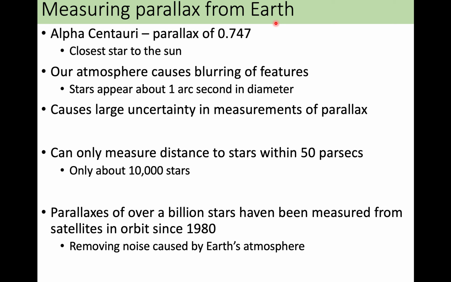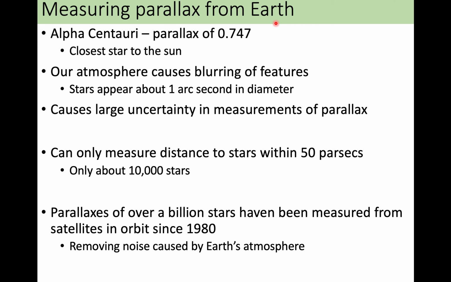So stars will appear to be about 1 arcsecond in diameter. This can cause a huge uncertainty in the measurements of the parallax. If you're measuring a very small parallax, but the star itself is very blurry, you're not going to get a very good reading. You're not going to have much confidence in the actual parallax that you're measuring.